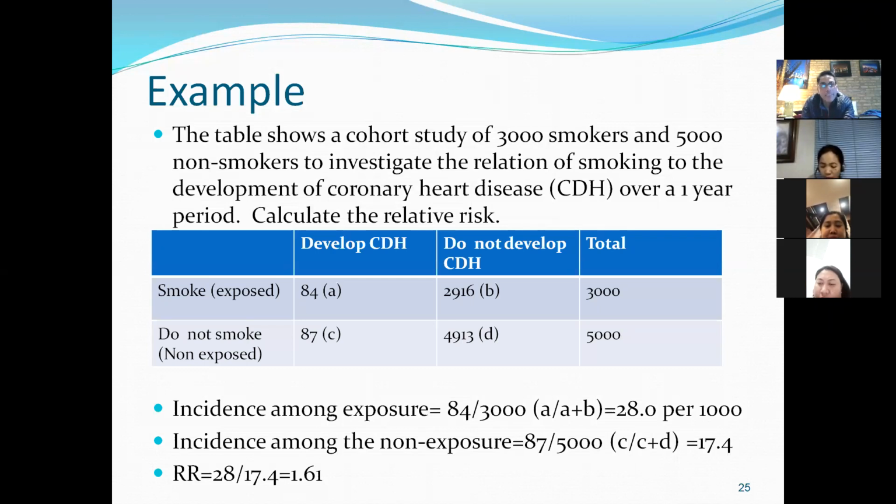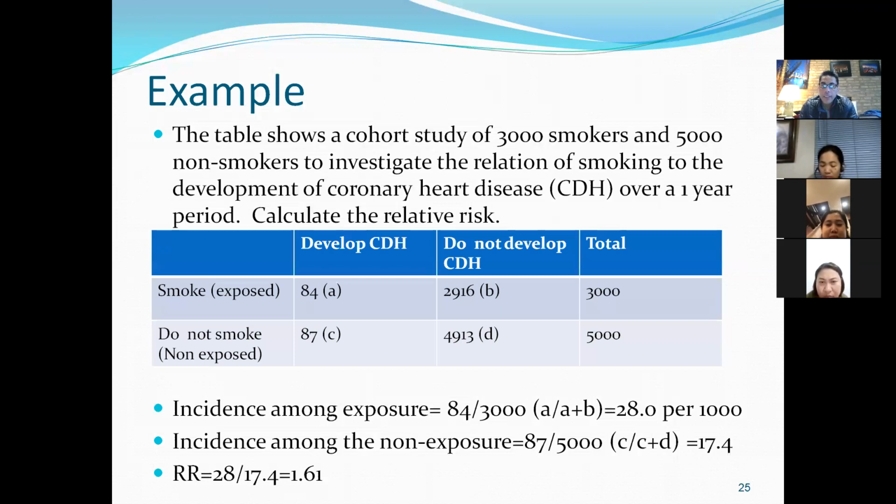So the relative risk then is the incidence. We don't call it attack rate. The attack rate is, again, used in odds ratio, but here in relative risk, we're looking at incidence among exposure and incidence among non-exposure.